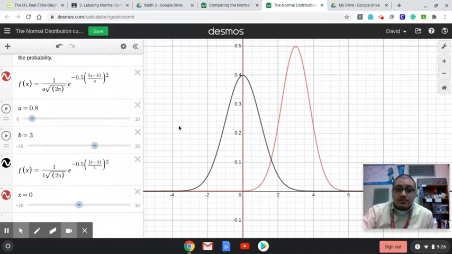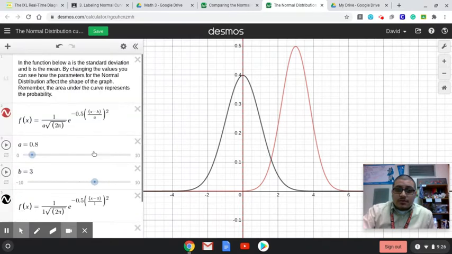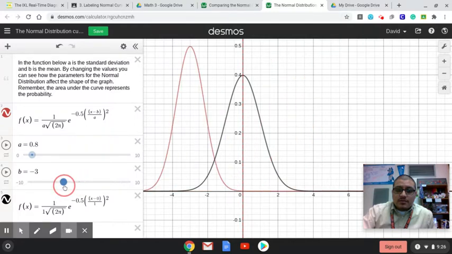The mean is at 0. So when you look at this slider here, it changes the mean. As the mean increases, the normal curve gets shifted to the right. And as the mean decreases, the curve gets shifted to the left.